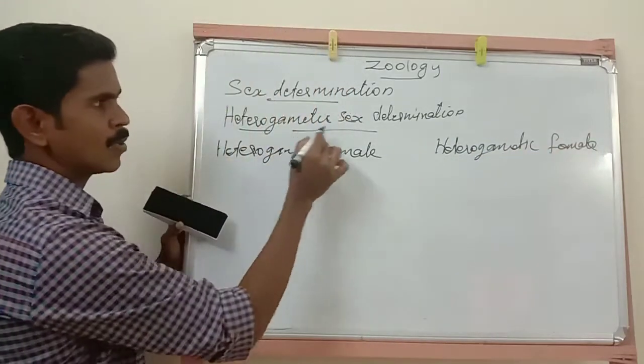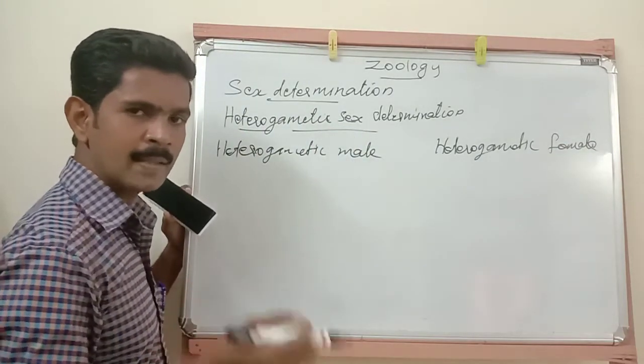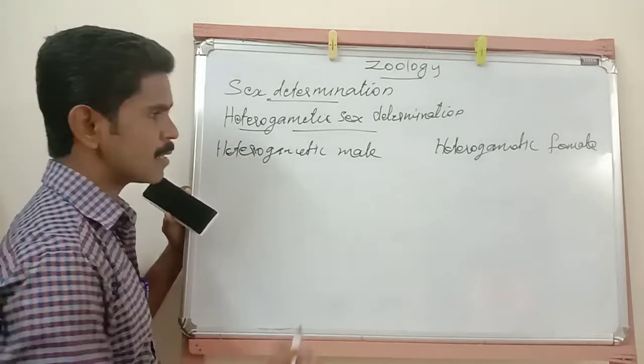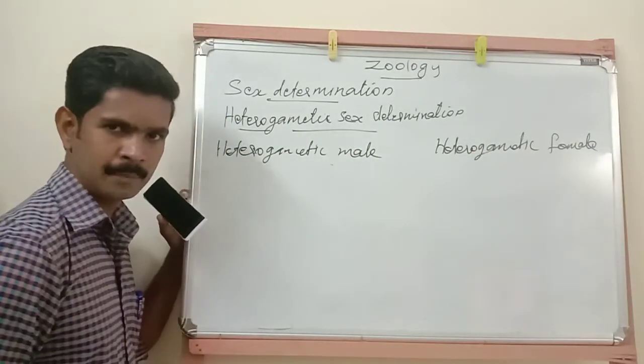So this means the organism has different sex chromosomes, and this is divided into two types: heterogametic male and heterogametic female.